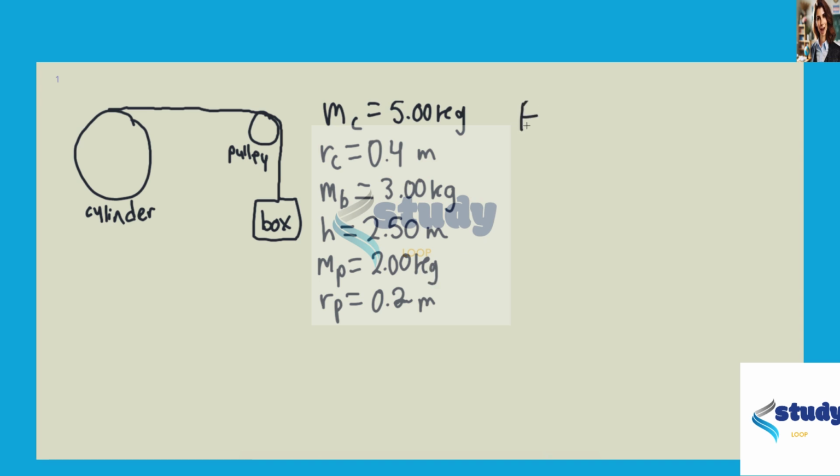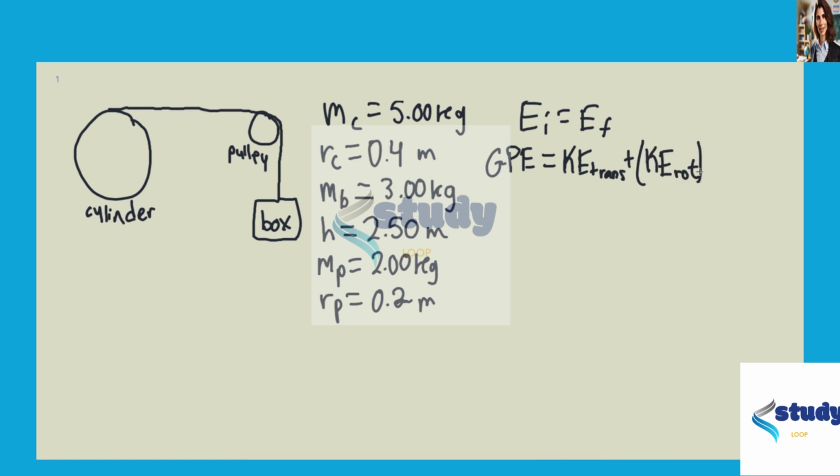So we have energy initial equals energy final. We're trying to find the velocity of the box after it has fallen 2.5 meters. So gravitational potential energy, GPE, is going to equal kinetic energy translational plus kinetic energy rotational.